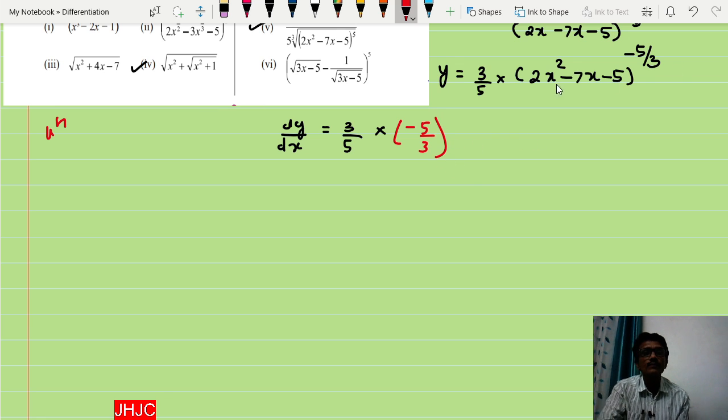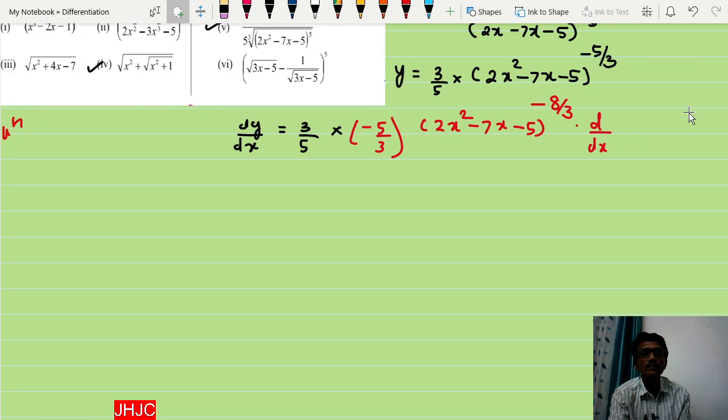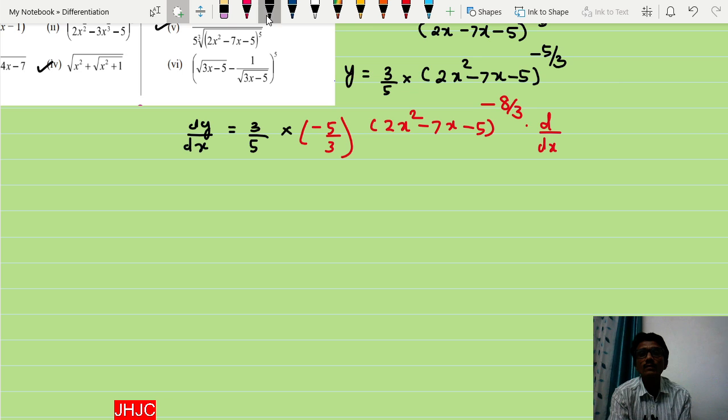So let's do that: 2x square minus 7x minus 5 whole raised to power minus 5/3 minus 1, that is minus 8/3, into d dx of the same 2x square minus 7x minus 5.